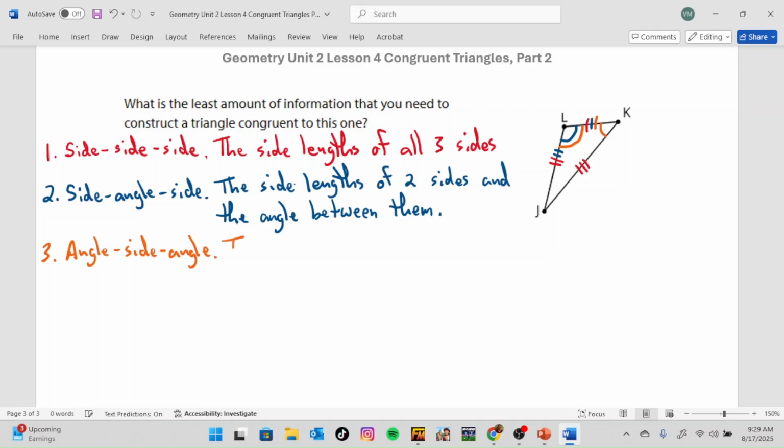This is the side length of one side and the two angles attached to it.